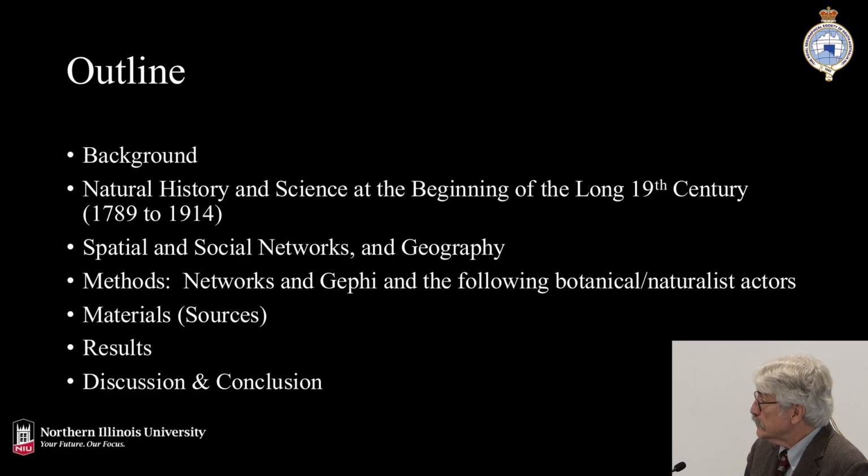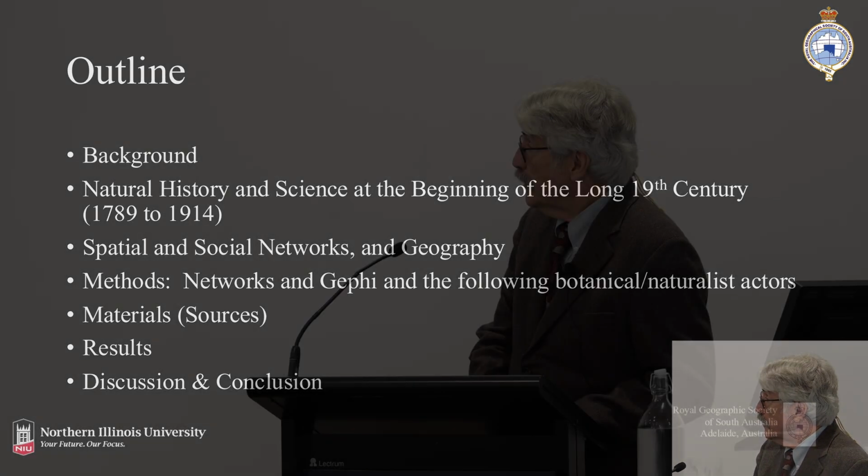And then talk a little bit about spatial and social networks and geography, and some of the methods, networks, and a program that I use, Gephi, which is not the only one, it's an open source program, and how we can follow botanical and naturalist actors. Really, you can follow any kind of person, but that's what we're focused on, and some of the materials used, and some of the results.